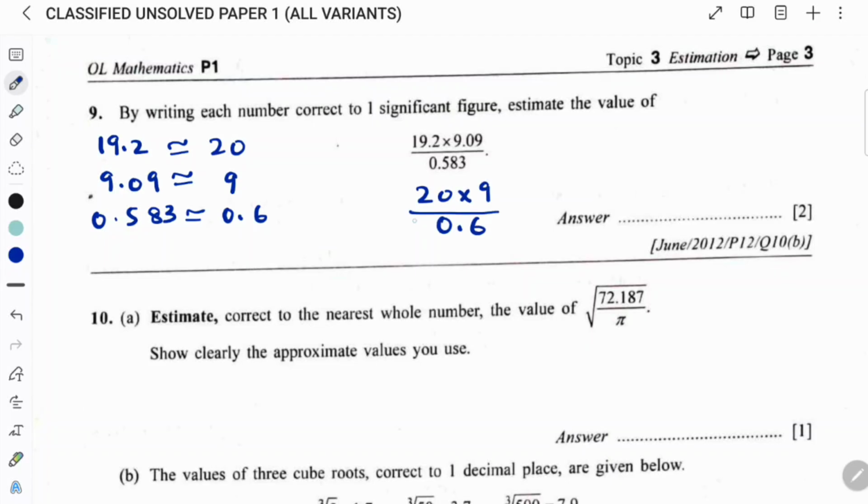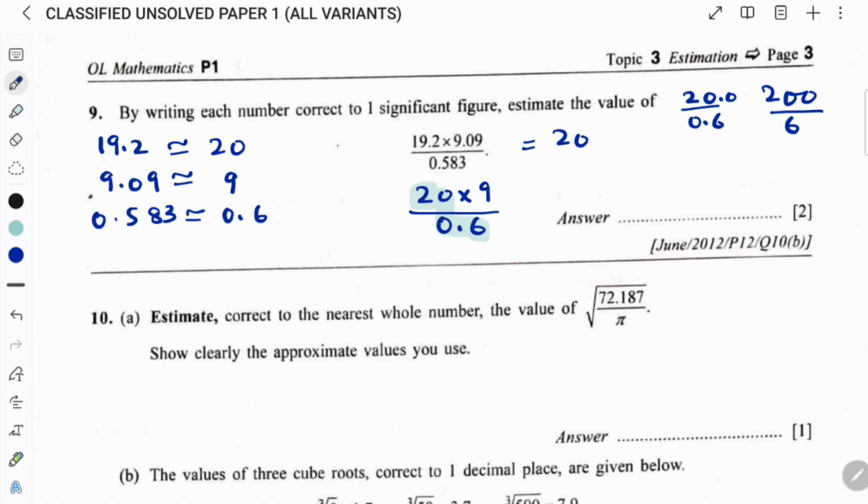So you know that you can take either 9 divided by 0.6 or 20 divided by 0.6 and just find out some number and simplify it. So 20 divided by 0.6 is 200 divided by 6, and you can replace this 200 divided by 6 and then simplify.